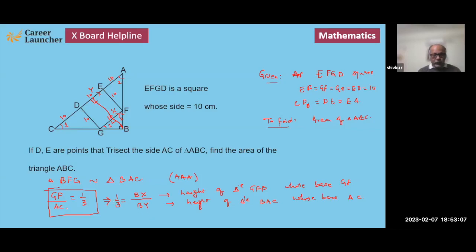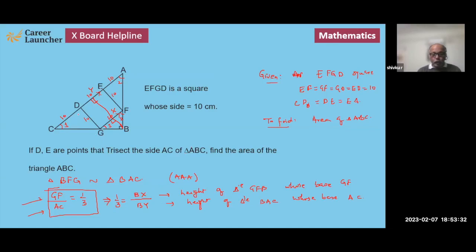So since GF and AC are in the ratio 1/3, the heights to those bases will also be in the ratio 1:3 when drawn from B. So the heights are in this ratio.